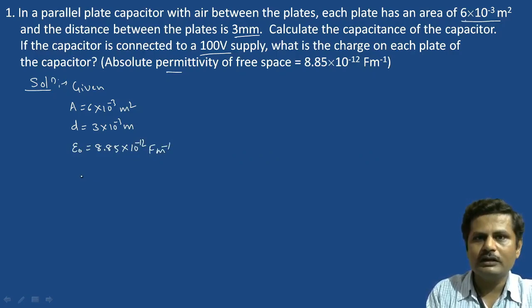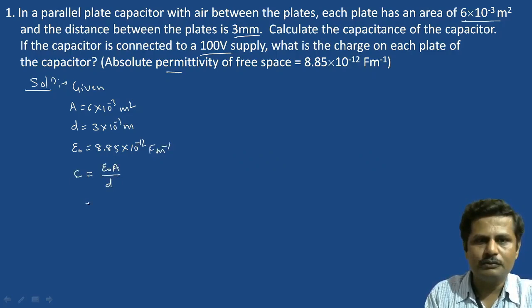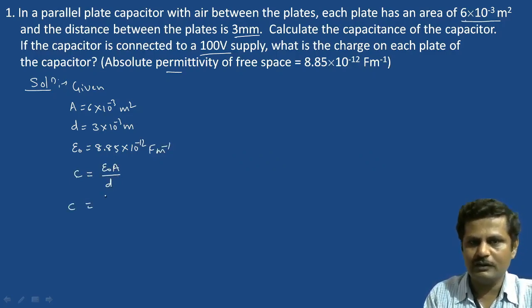We know that the capacitance of the capacitor is given by C equals epsilon naught A divided by d. Just on substituting, you can get the capacitance of the capacitor.